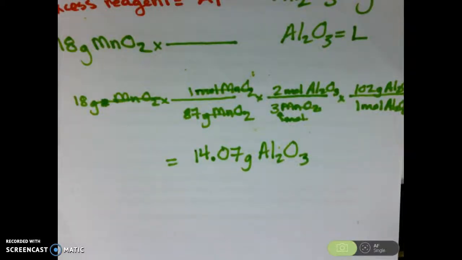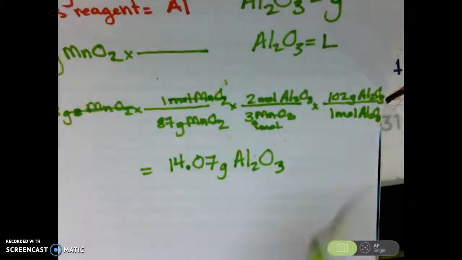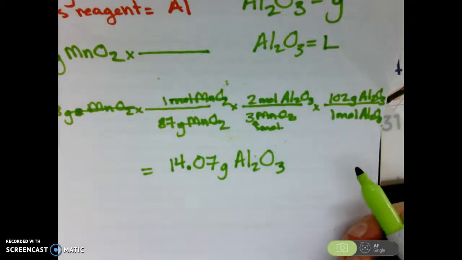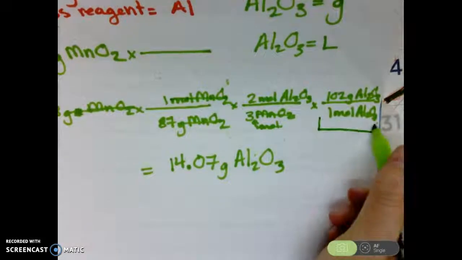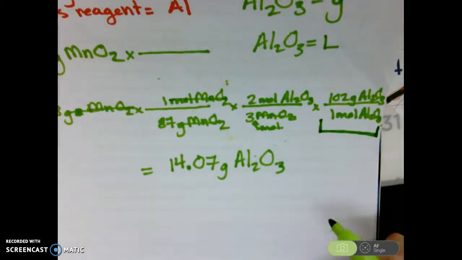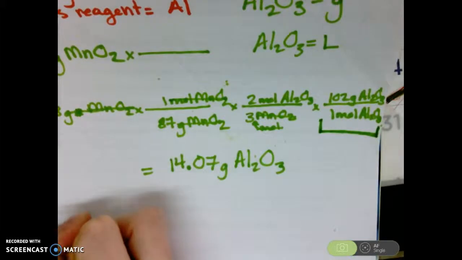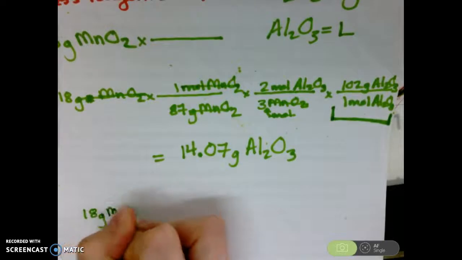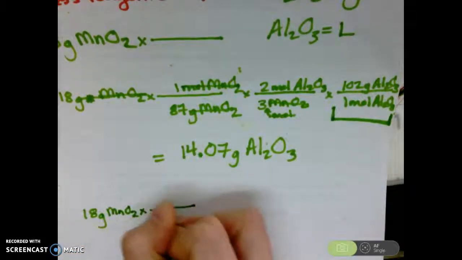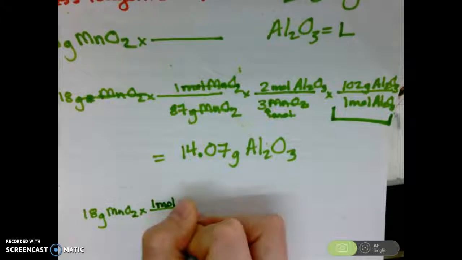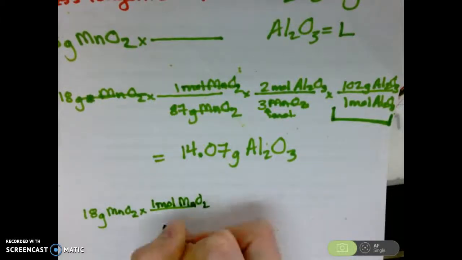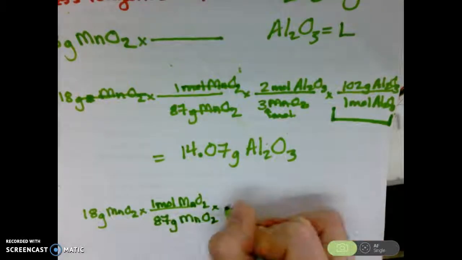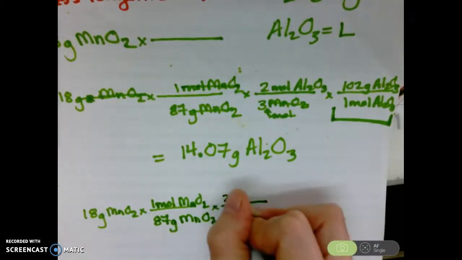What if we need to find liters? That's our next step. Everything is exactly the same because we haven't changed what we need to find or what we're given. The only part that's different is the last part. So we can go ahead and write that in. 18 grams manganese dioxide over 1 mole manganese dioxide, put the molar mass. Same molar ratio, you have the 3 and the 2.